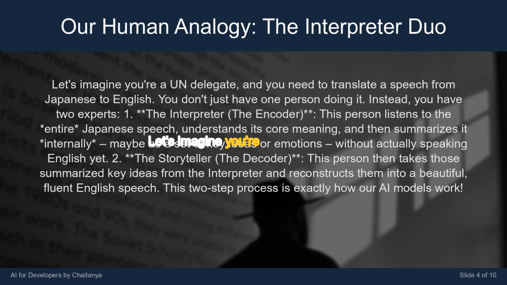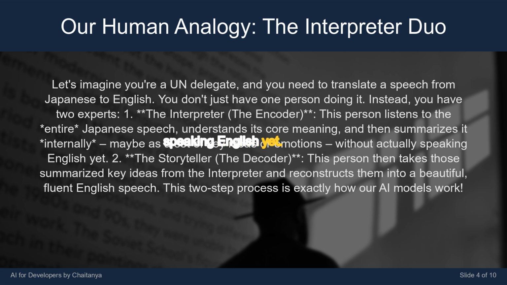Let's imagine you're a UN delegate, and you need to translate a speech from Japanese to English. You don't just have one person doing it. Instead, you have two experts. One, the interpreter, the encoder. This person listens to the entire Japanese speech, understands its core meaning, and then summarizes it internally, maybe as a set of key ideas or emotions, without actually speaking English yet.